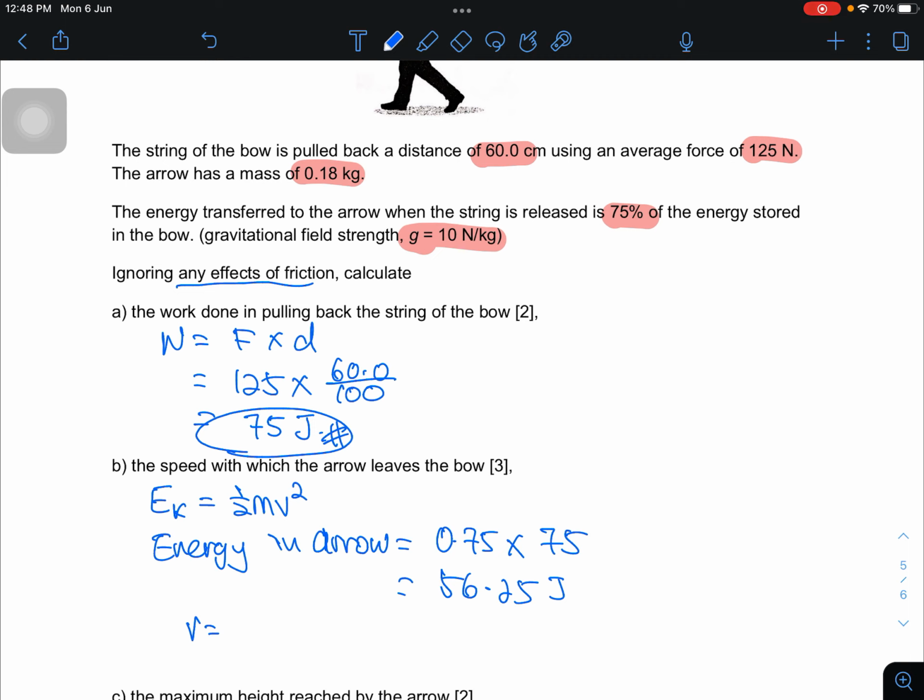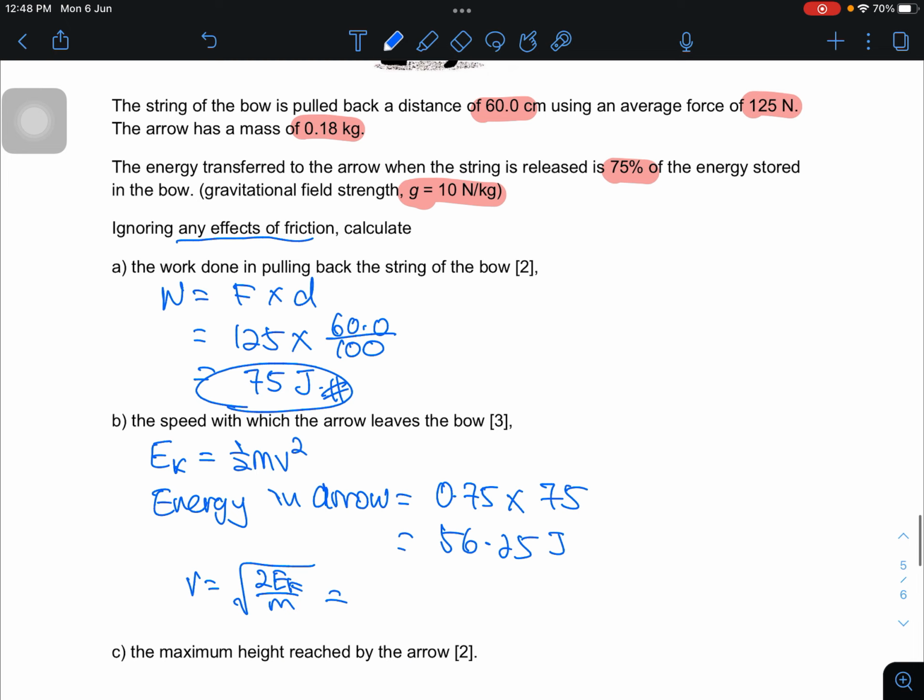Remember that time we did the manipulation: v equals square root of 2EK over m. Like I said, I'm going to encourage all of you to manipulate the formula. Algebraic manipulation should be something that you need to be good at. But should you still feel uncomfortable, of course, you can still do it step by step. So let's put everything into the formula.